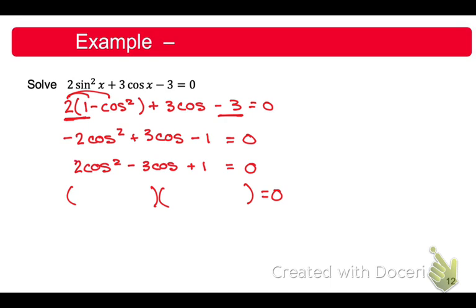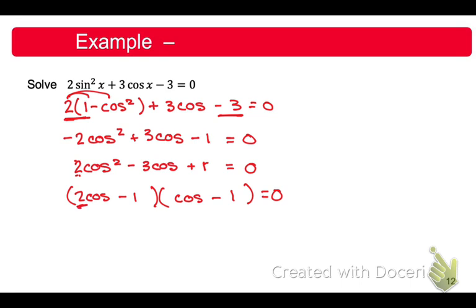Okay, 2 times 1 is 3, right? No, 2 times 1 is 2. I'm adding. Factors of 2 that add to negative 3. 2 and 1, well, they're both negative. What about 1 and 2? 2 cosine minus 1 and cosine minus 1. No, the 2 is here.